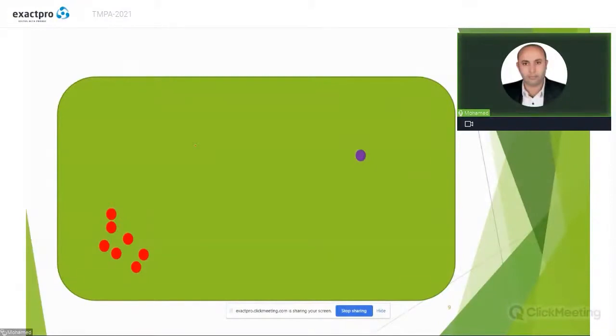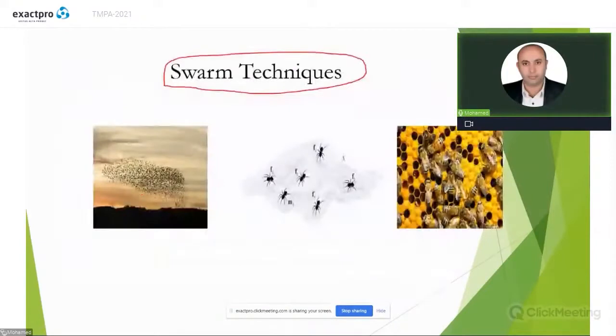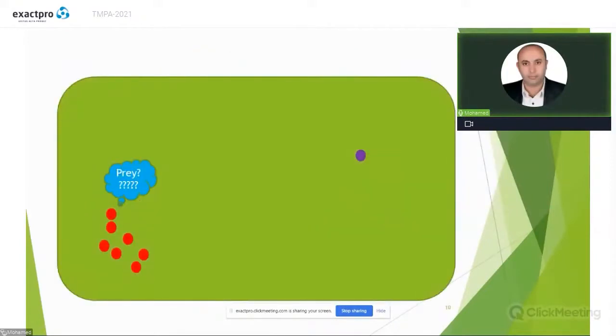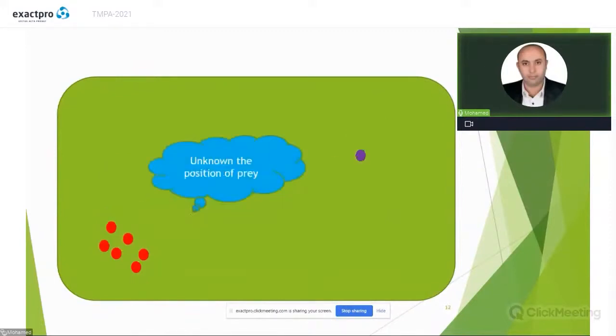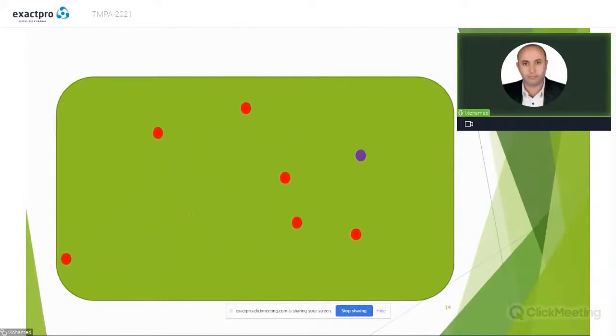If we consider this as the population and this as the prey, and this green rectangle represents the search area that contains the swarm and prey, the main task is how to find the prey. If the swarm knows the position of the prey, all of them will catch it. Otherwise, they will spread in the domain and search for that prey.